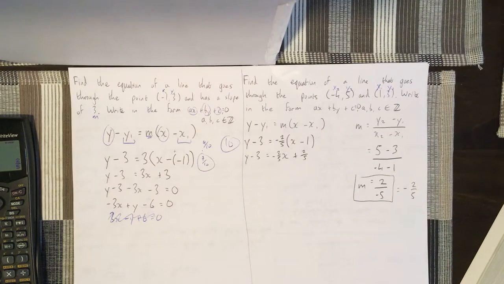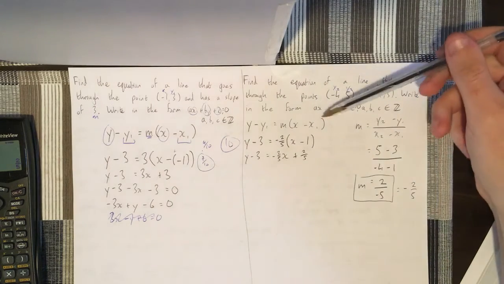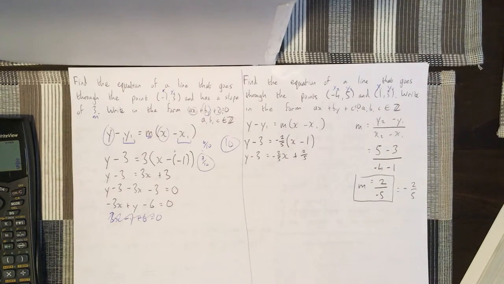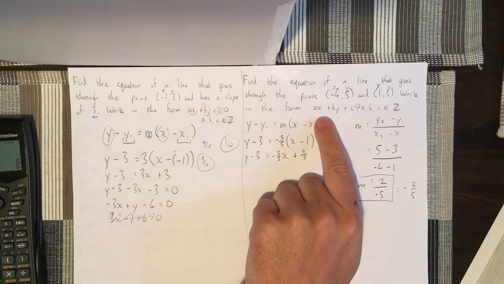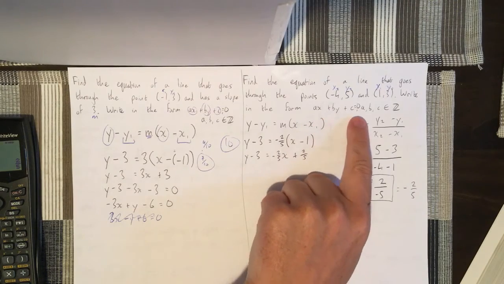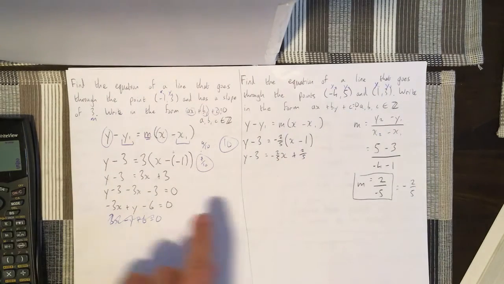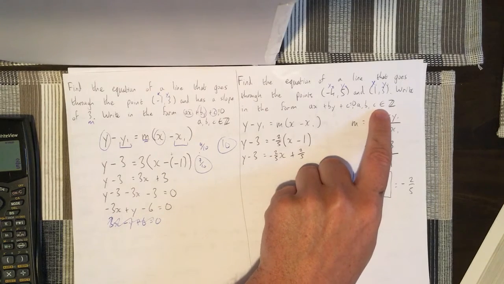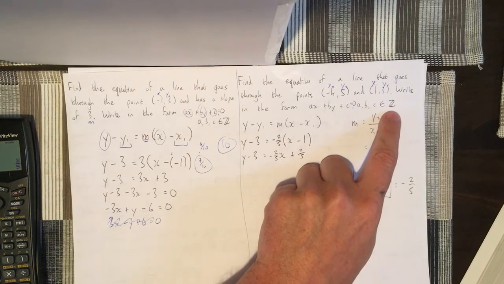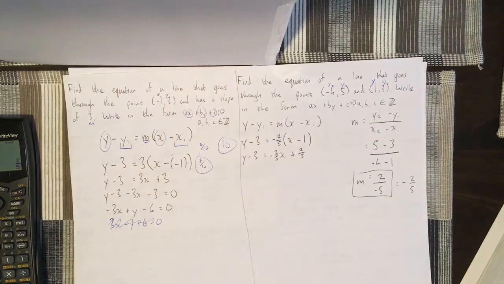Grand, all right. This is where my ax plus by plus c is kind of important, because I need to write it in the form ax plus by plus c equals 0. So remember, that just means move everything to the left-hand side. I can do that. But remember, it says a, b, and c are elements of Z. What that means is they are all integers.